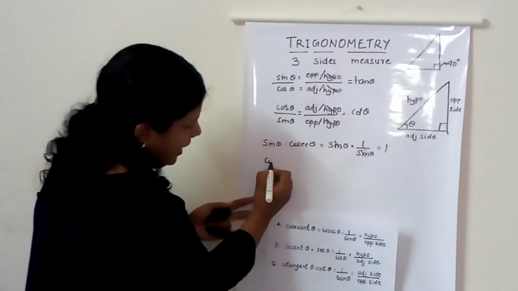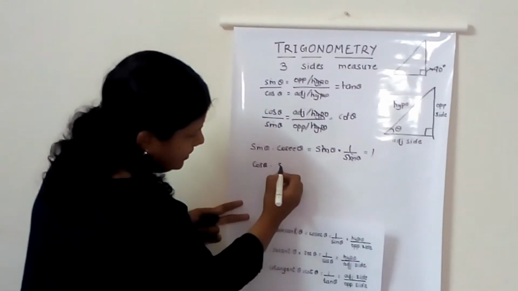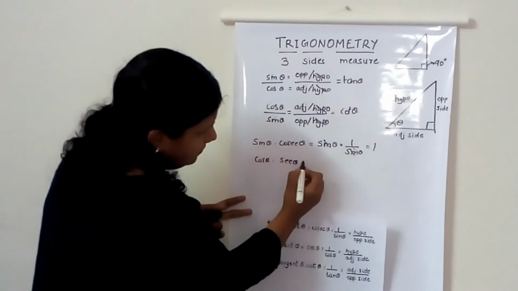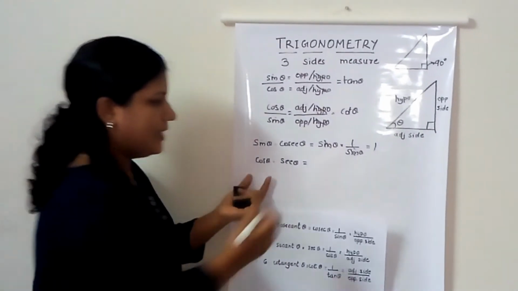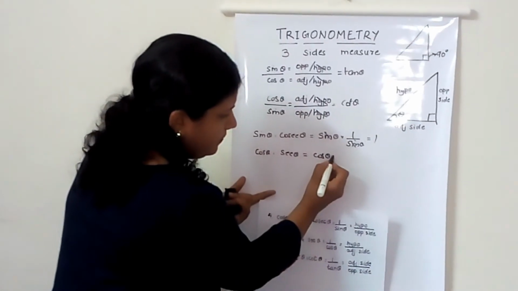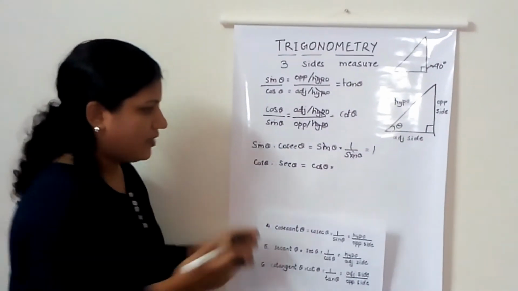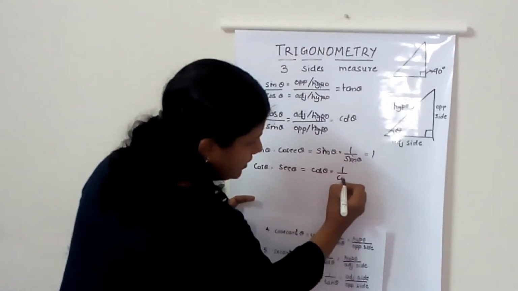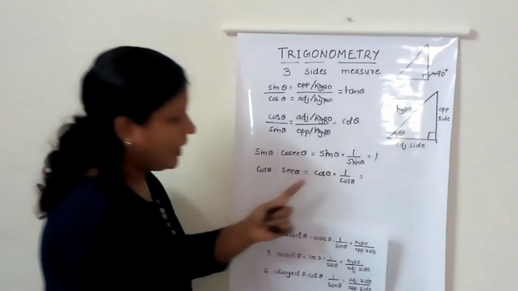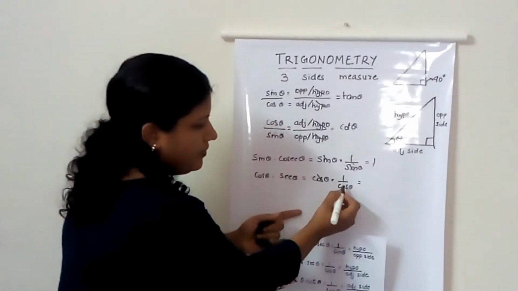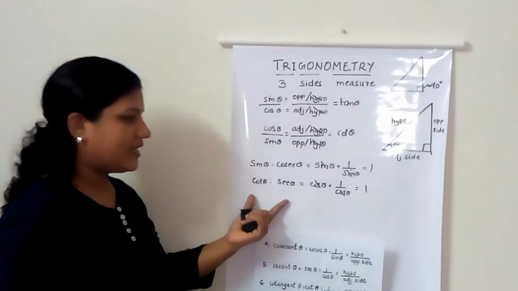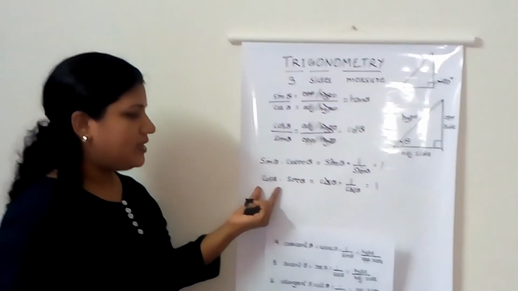Then we have cos theta multiplied by sec theta equal to, let's see, this is cos theta. Sec theta is nothing but 1 by cos theta. So we can write that as 1 by cos theta. Now when you cancel the cos thetas over here, we end up getting 1. So that's again a relationship between cos theta and sec theta.